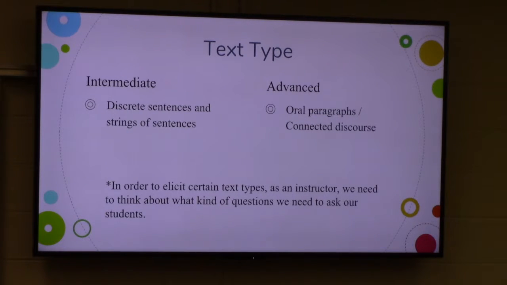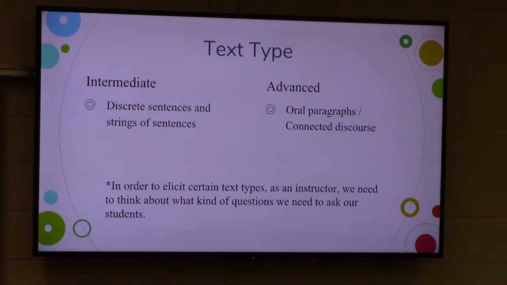So for us as instructors in the classroom, if we want our students to produce those languages, we need to elicit their answer, elicit their conversation. And we need to think about what kind of question we want to ask our students, because if you ask an intermediate learner a yes or no question, of course they're not going to give you discrete sentences or strings of sentences.